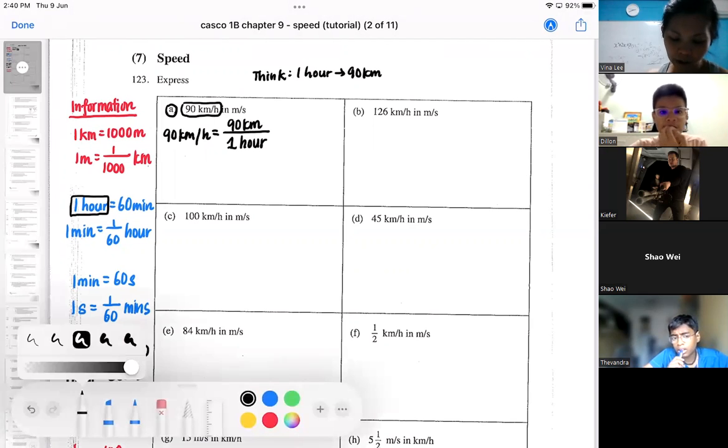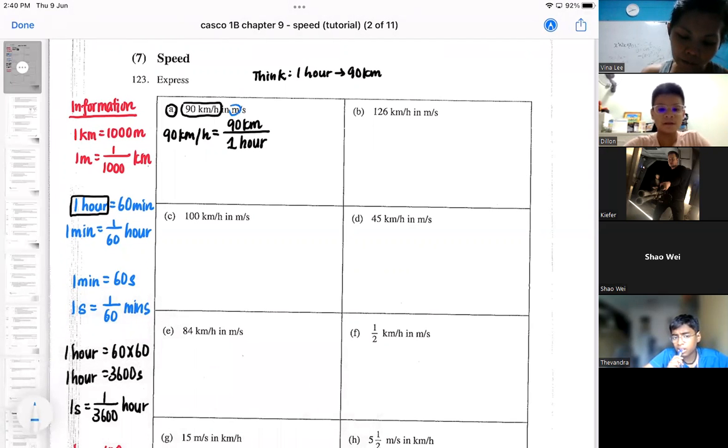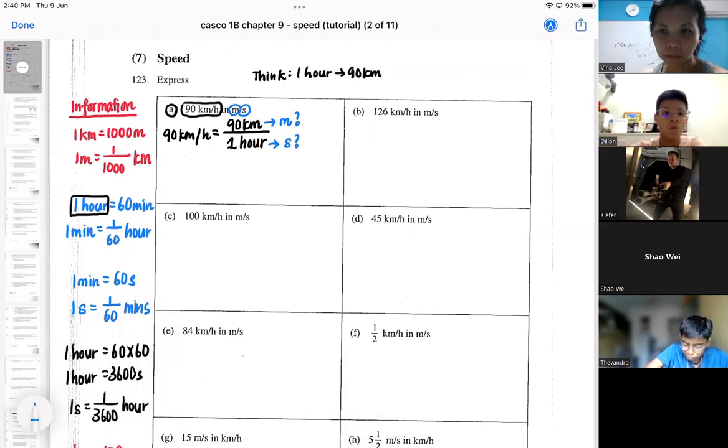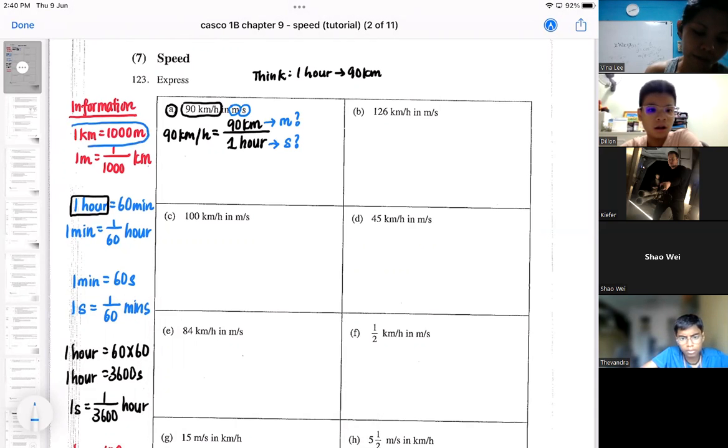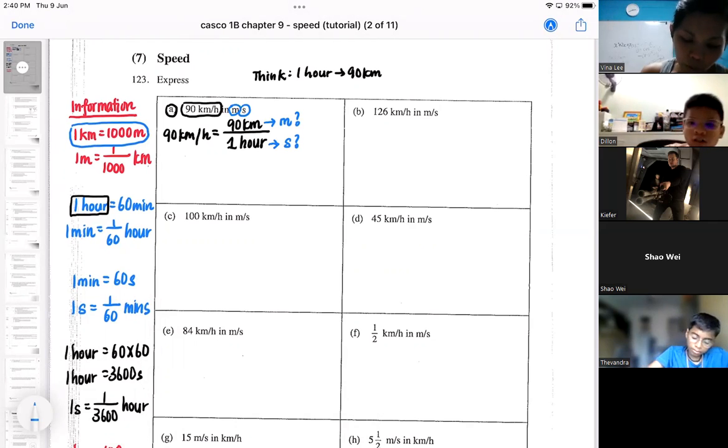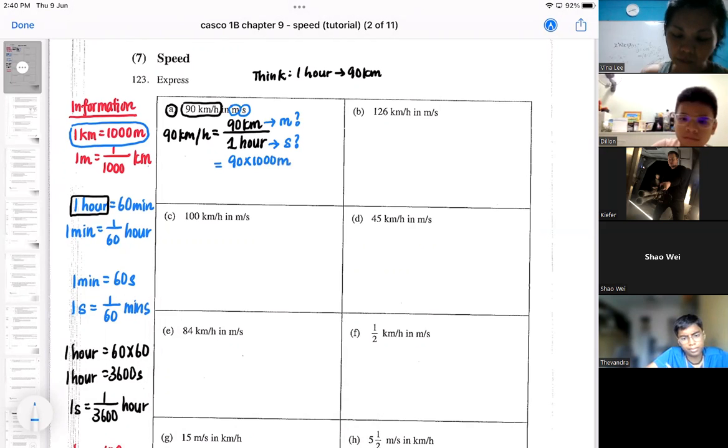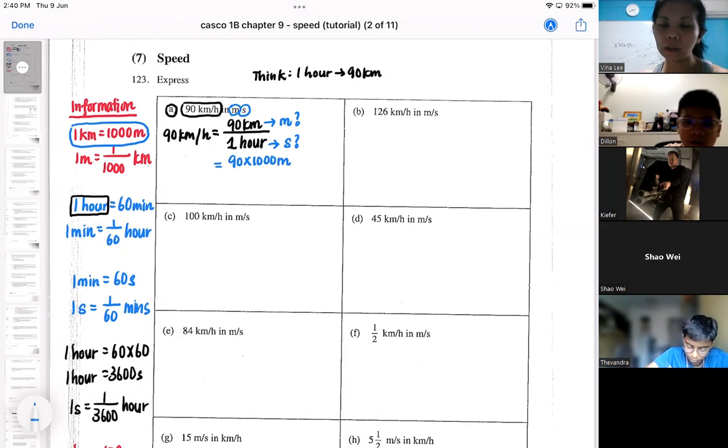Now we need to convert. You look at the part: I need to convert to meters, and I need to convert to seconds. You convert your 90 kilometers to meters by using this, so you multiply by 1000. Can you see I multiply by 1000?